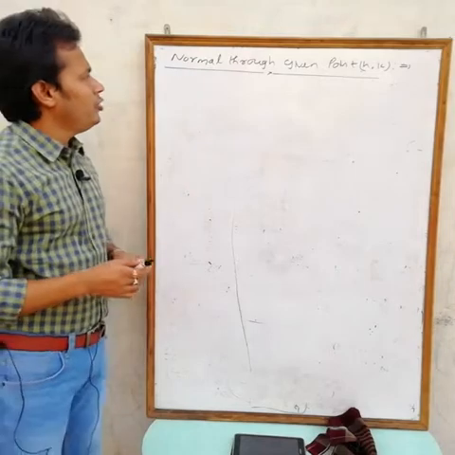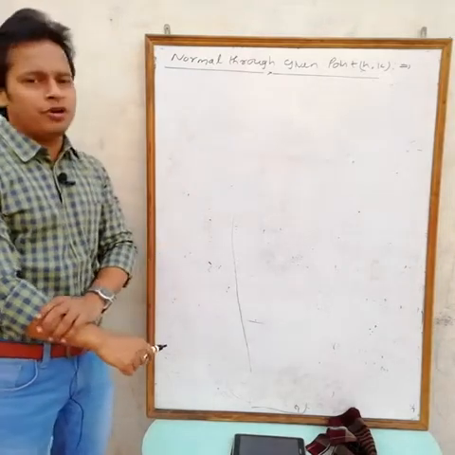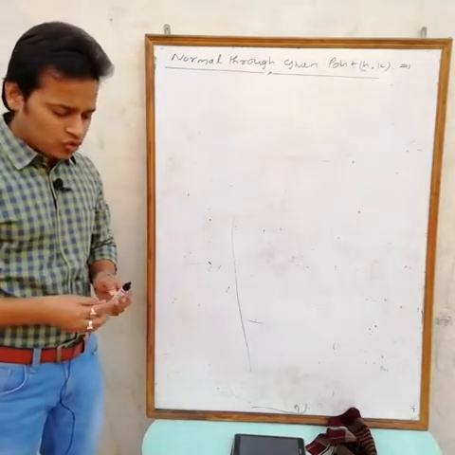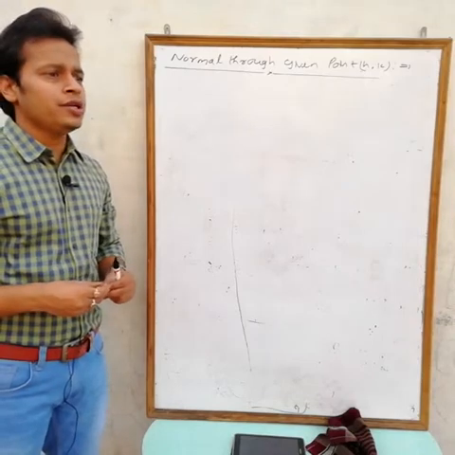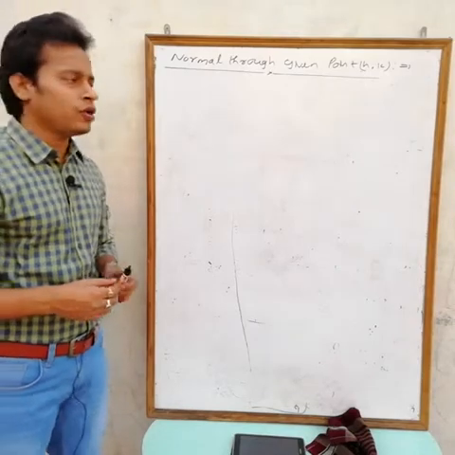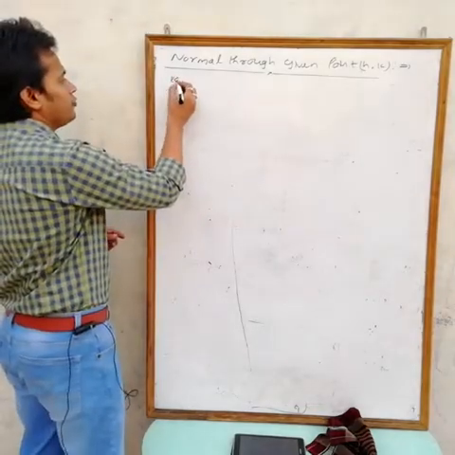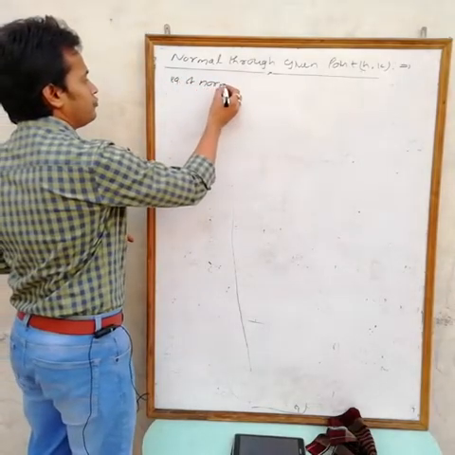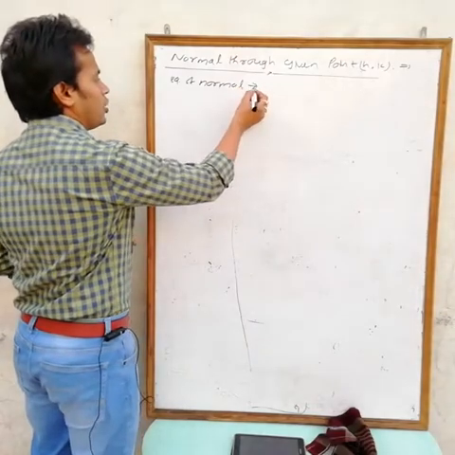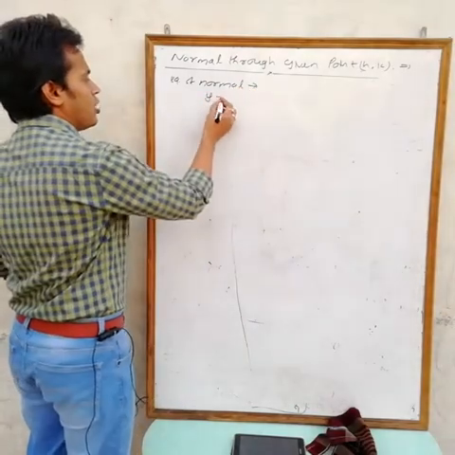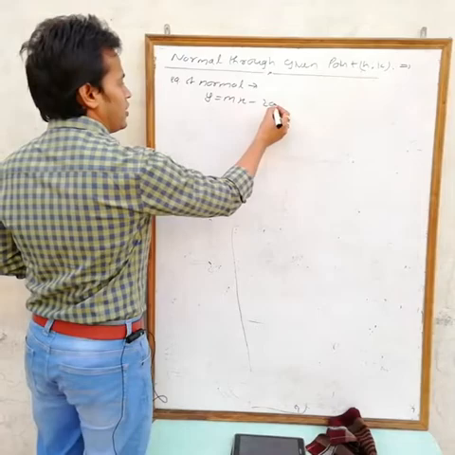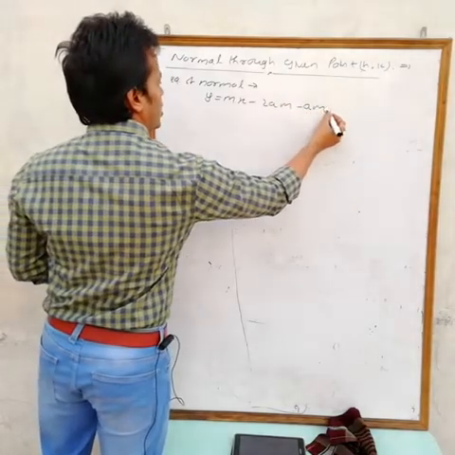Now we want to know how many normals we can pass through a given point h comma k. So how to find it? First write the equation of the normal. The general equation of a normal for the parabola is y equals mx minus 2am minus am cube.